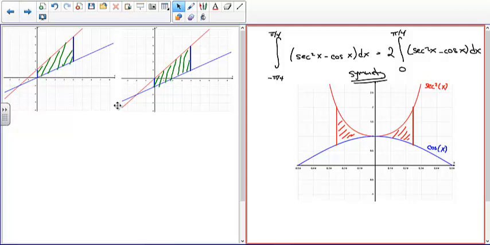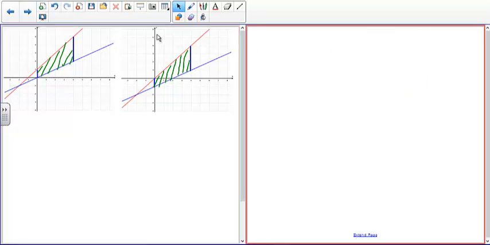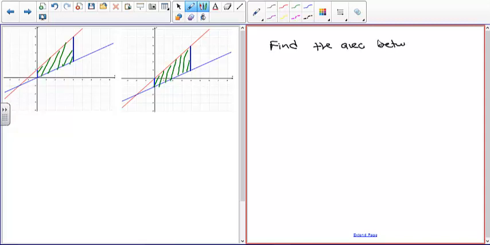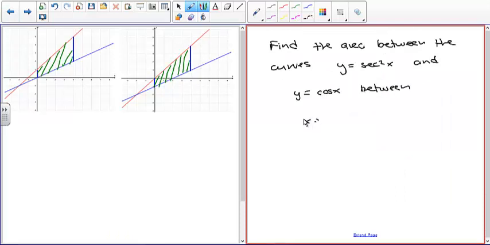The problem might say something like, find the area between the curves y equals secant squared of x and y equals cosine of x, between x equals negative pi over 4 and x equals positive pi over 4.